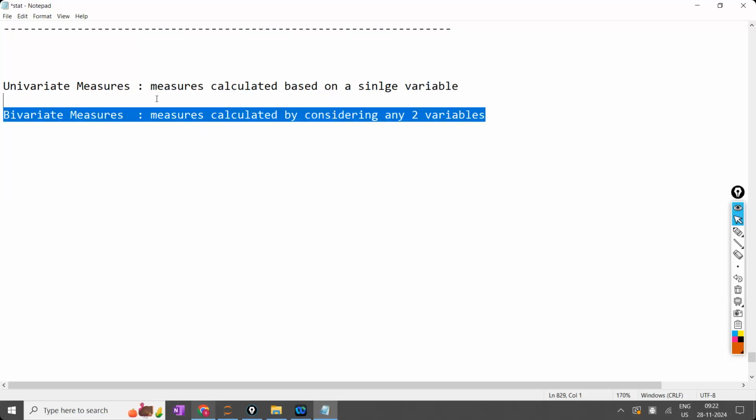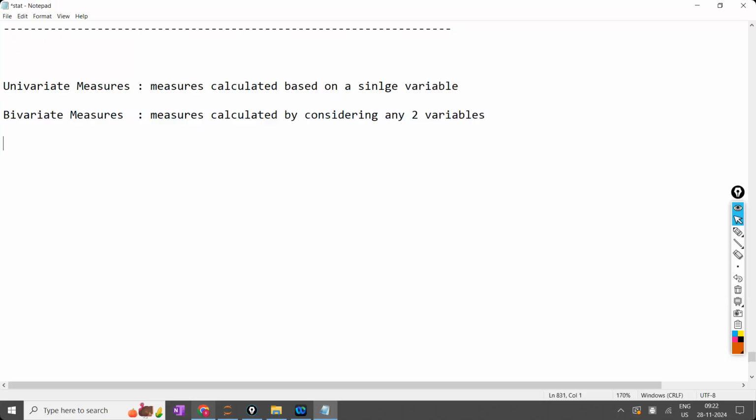Multivariate. What does multivariate mean? Multivariate measures are measures calculated by considering more than two variables, greater than two variables at a time.